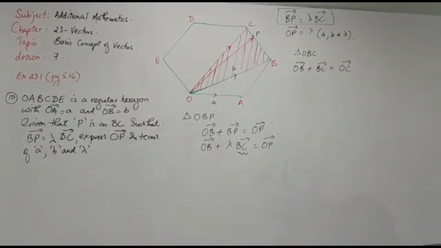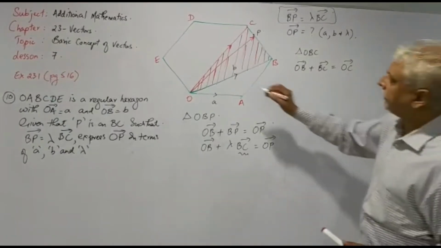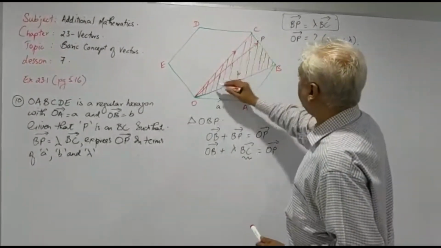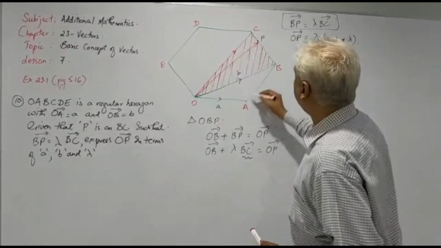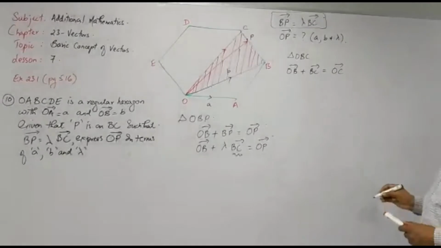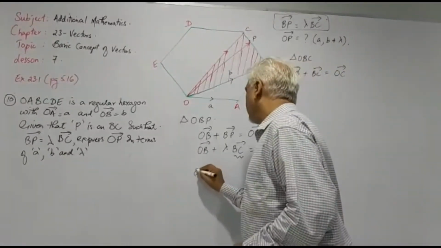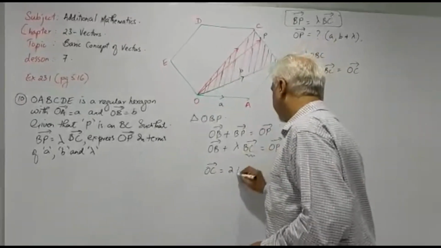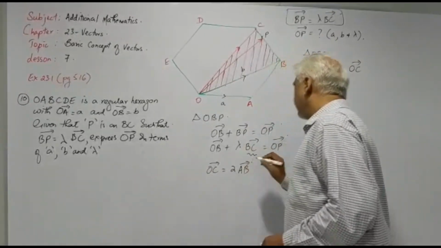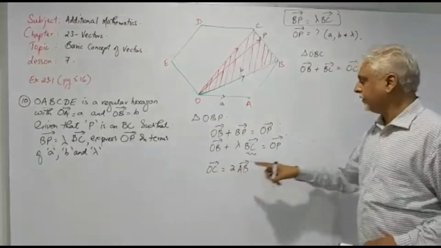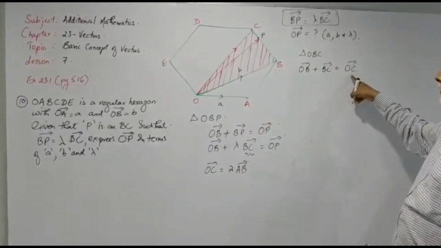Now, if you look at this OC and AB, they are parallel, and OC is twice of AB. This is a regular hexagon, so I can say OC is 2 times AB, and I'll find the value of OC from here and then substitute it in this equation.